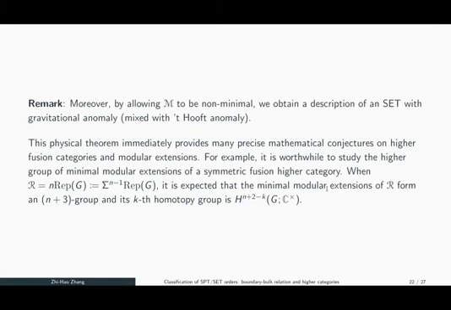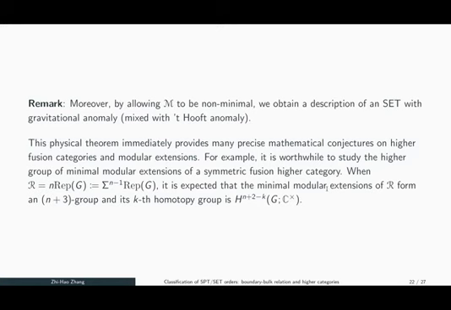So, for example, it suggests we study the higher group of minimal modular extensions of a symmetric fusion higher category. And if this symmetric fusion higher category is nRep(G), so what is nRep(G)? So 1Rep(G) is simply Rep(G), and 2Rep(G) is ΣRep(G), and so on.